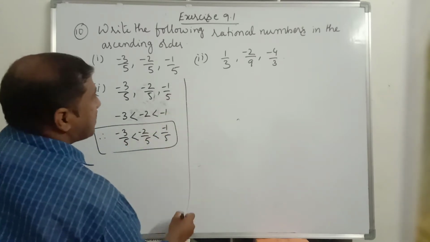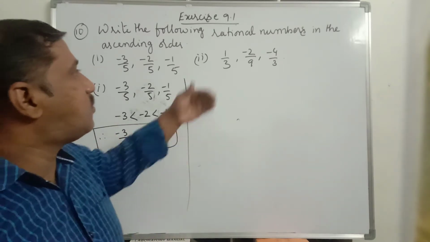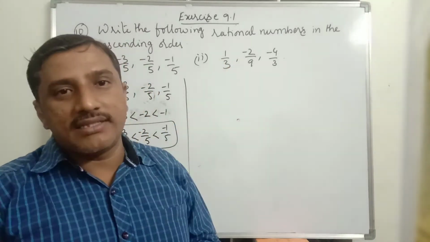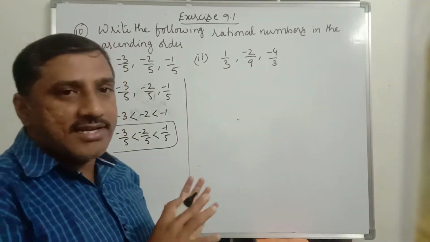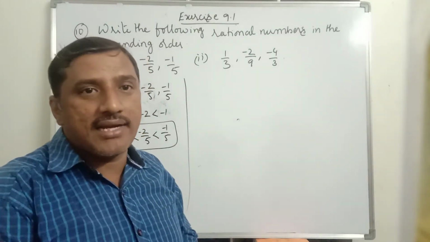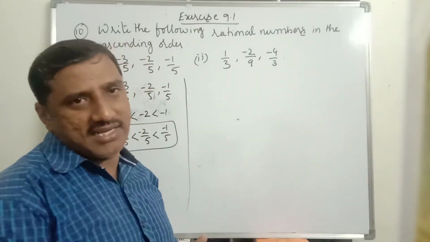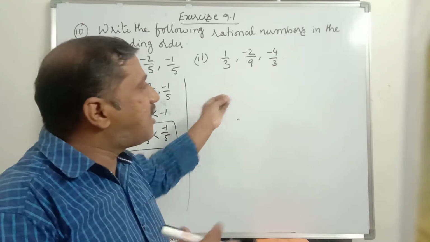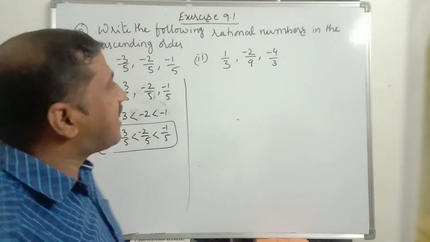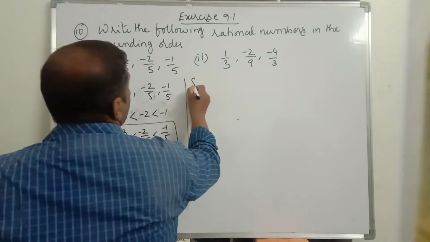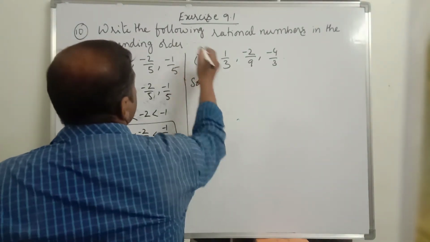See the second question here, 1 by 3, 2 by 9 and minus 4 by 3. Different denominators are there. How do we compare the rational numbers with the different denominators? Like what we did for the fractions. We should convert those rational numbers to like fractions or like rational numbers by finding the LCM of the denominators. LCM of the denominators.